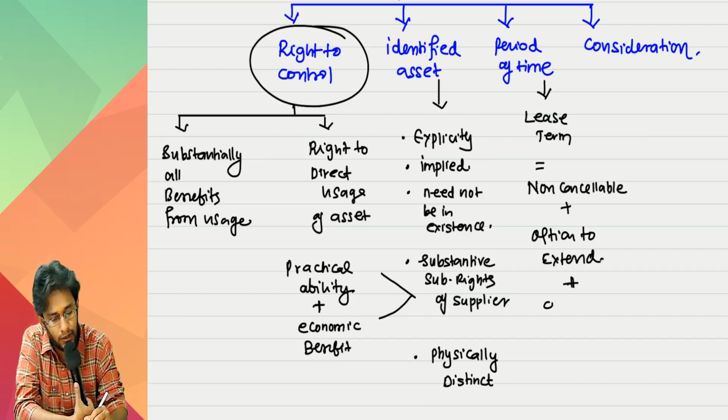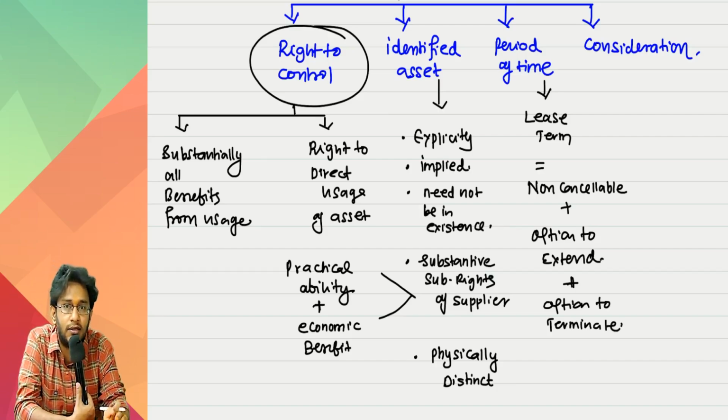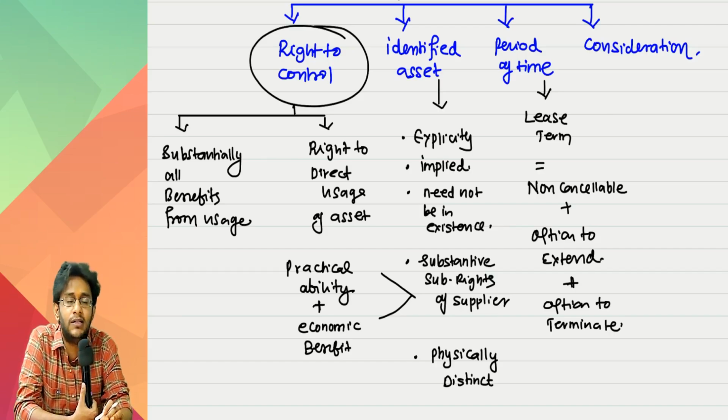Also add the periods covered by an option to terminate if it is reasonably certain that the lessee is not likely to exercise such option. And prima facie, lease period is the period which is enforceable. If any party can cancel the contract anytime without any significant penalty, it means that you don't have an enforceable contract on hand. Therefore, there is no lease contract in the first place.